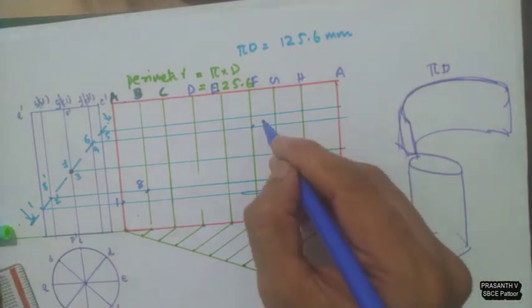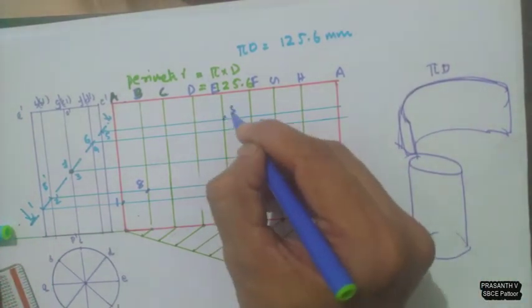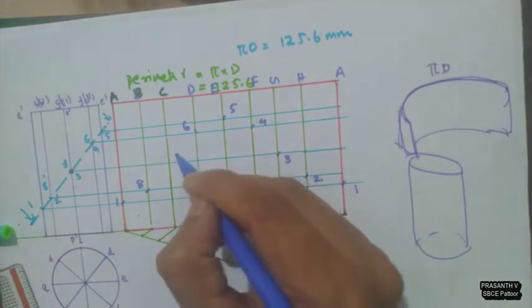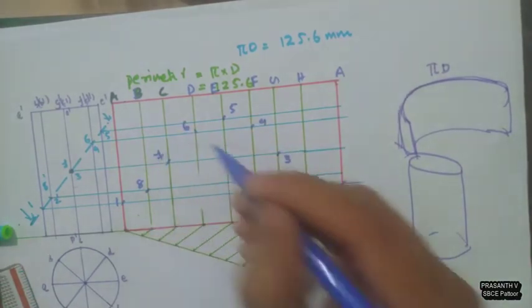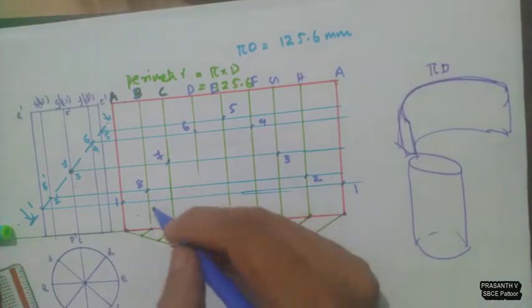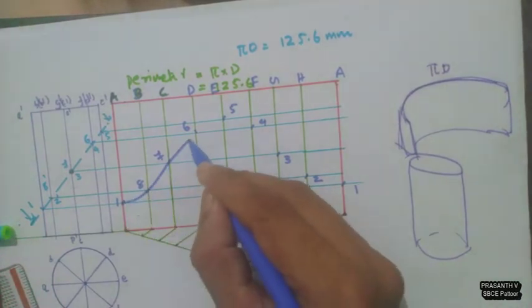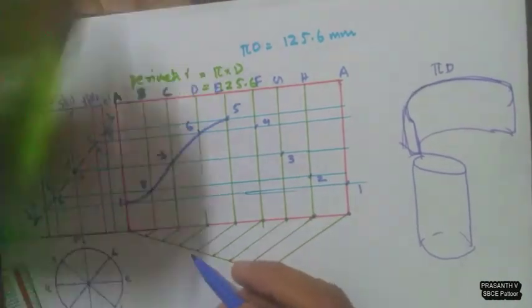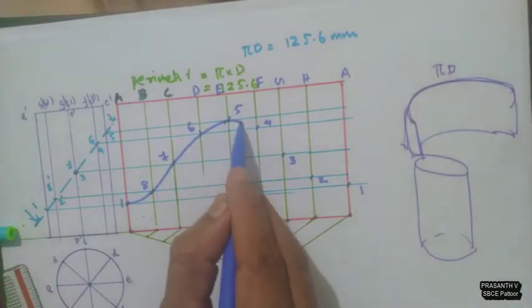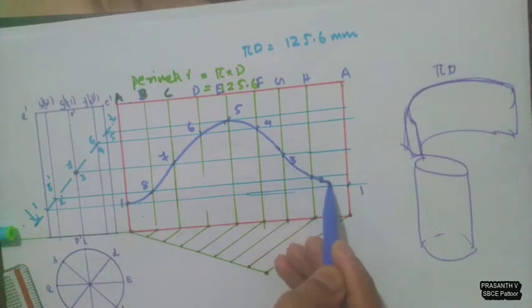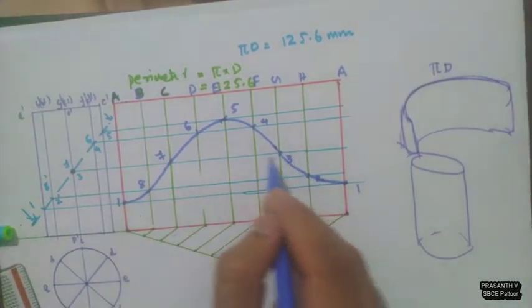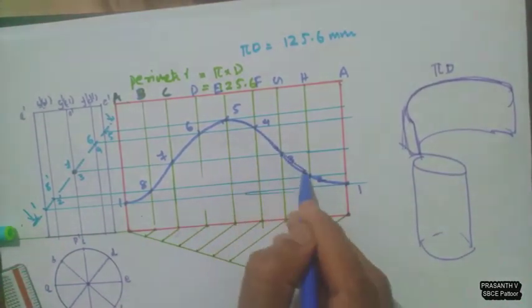Here it is 4, this is 5, 6, this will be 7. Here you have to join all these points with a freehand curve, not using a scale.